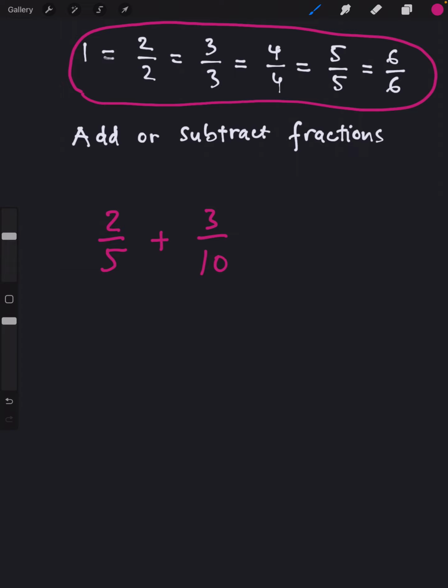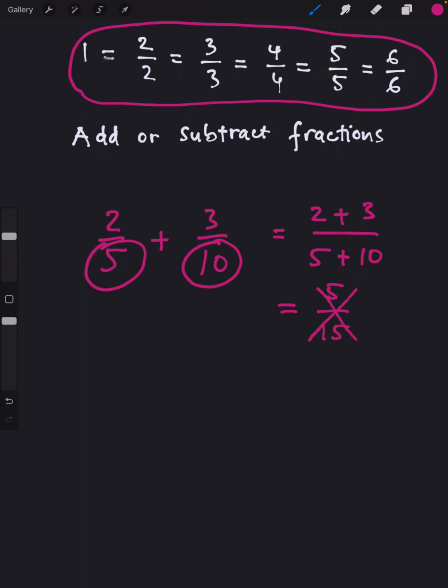The first fraction's denominator is 5, and the second fraction's denominator is 10. Some kids just do it like this: they add 2 plus 3 on the top and 5 plus 10 on the bottom, and get 5 over 15, which is wrong.